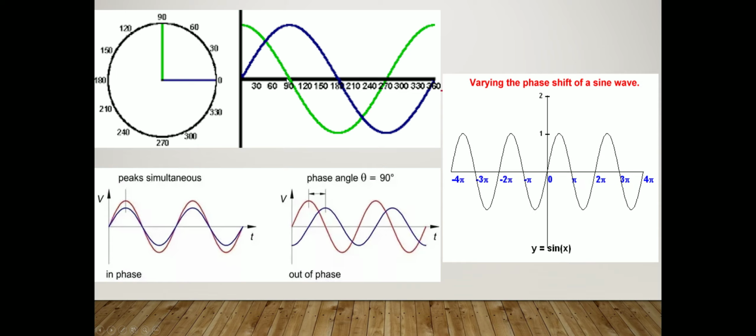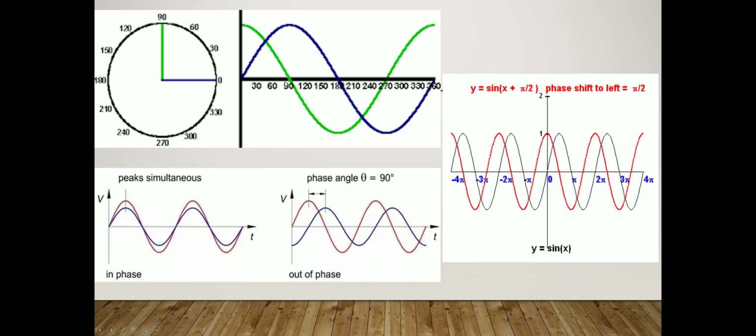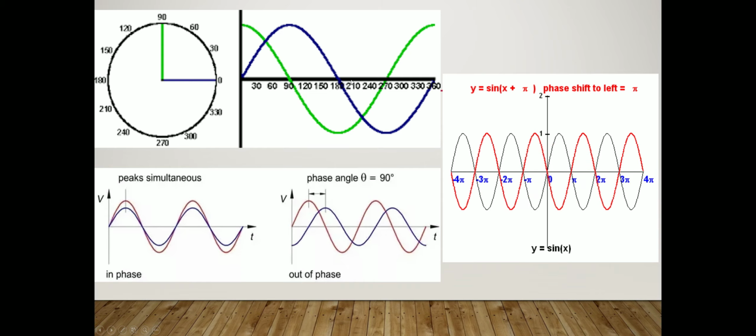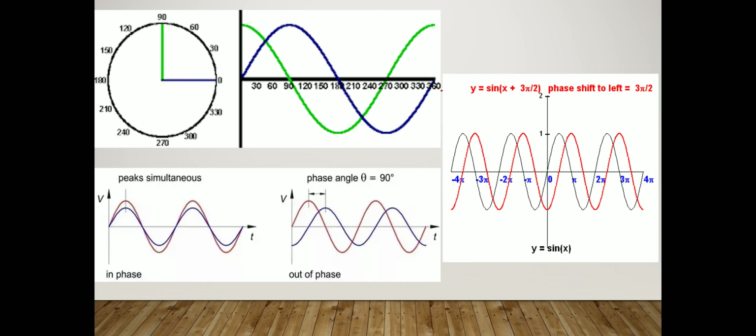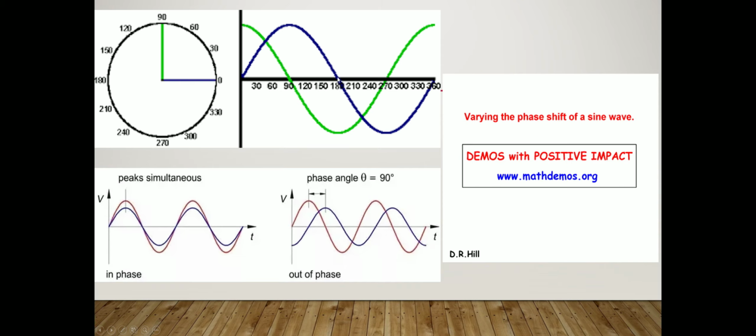If the node of this green wave is at 90 degrees and the node of this blue wave is at 180 degrees, we can say that these two waves are 90 degrees out of phase, because they are that much apart from one another.